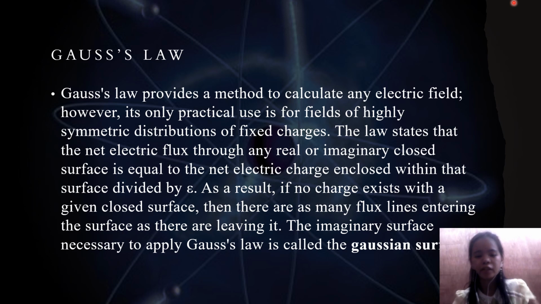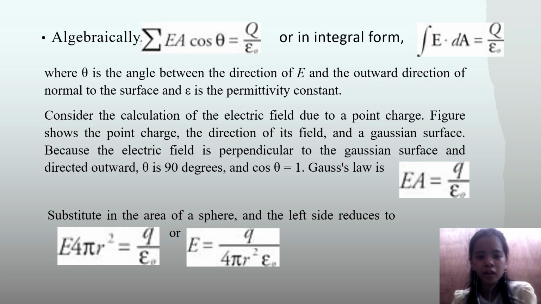The imaginary surface is called the Gaussian surface. Here delta is the angle between the direction of E and the outward direction normal to the surface, and epsilon naught is the permittivity constant.